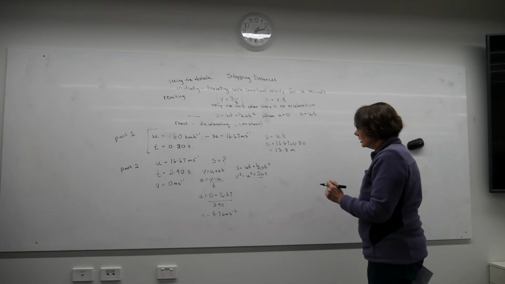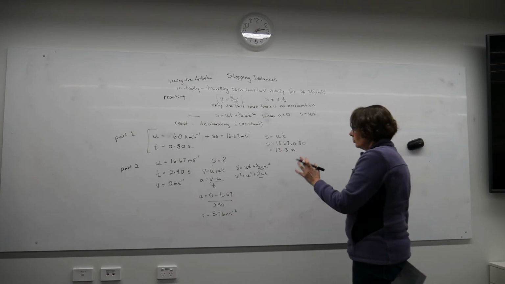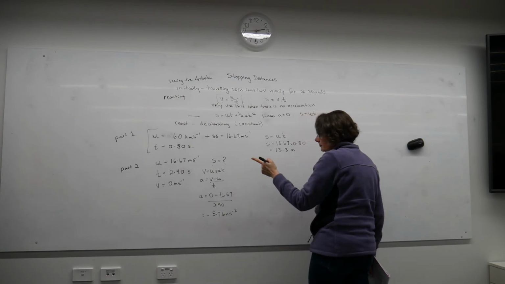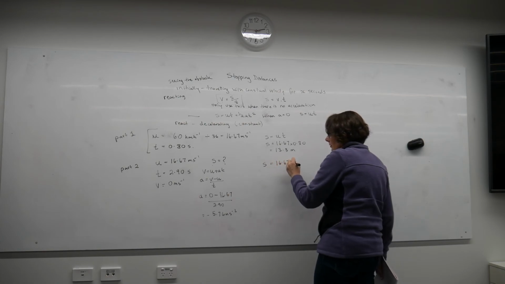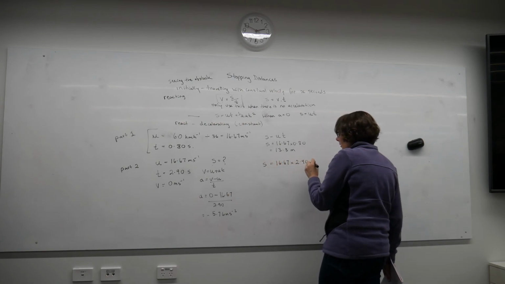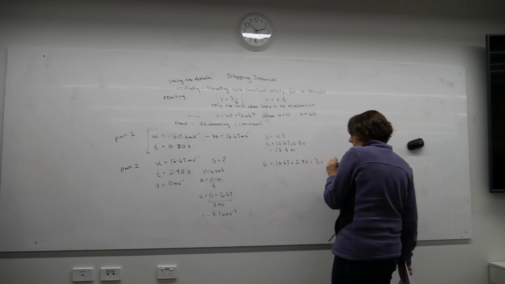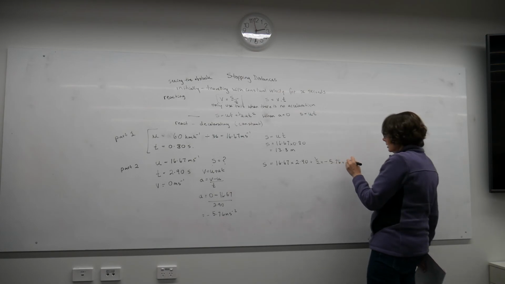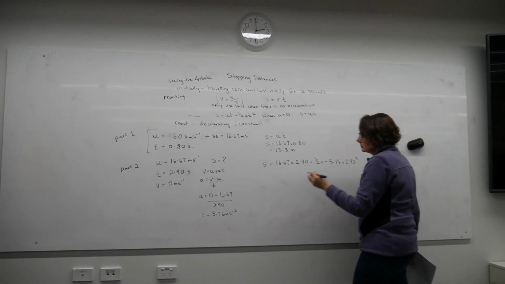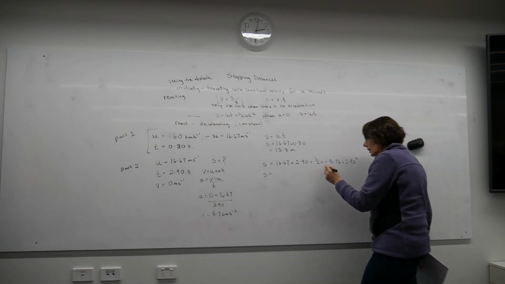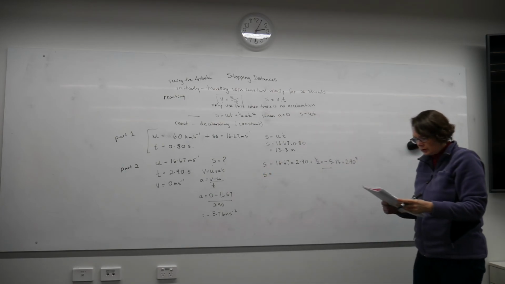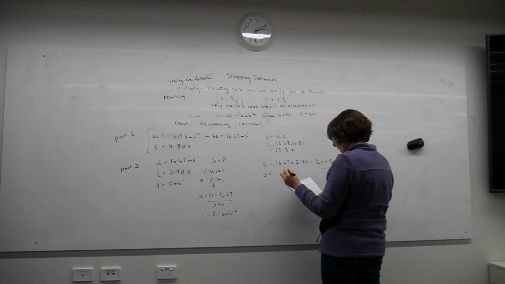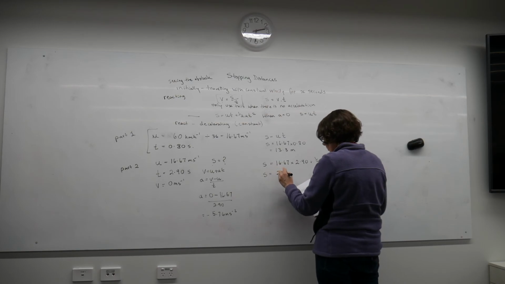Now we have our acceleration, we can find our displacement. 16.67 times 2.90 plus a half times minus 5.76 times 2.90 squared. It is important to keep that negative in because that changes the distance, obviously. So that gives us, according to the booklet, 24.2 metres.